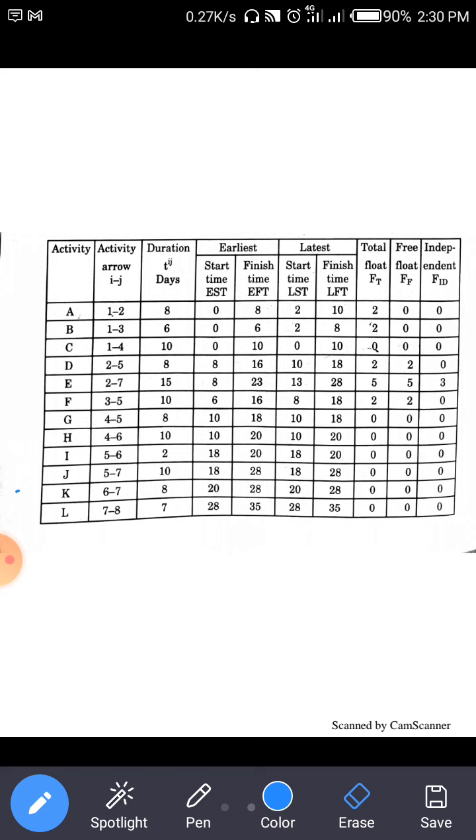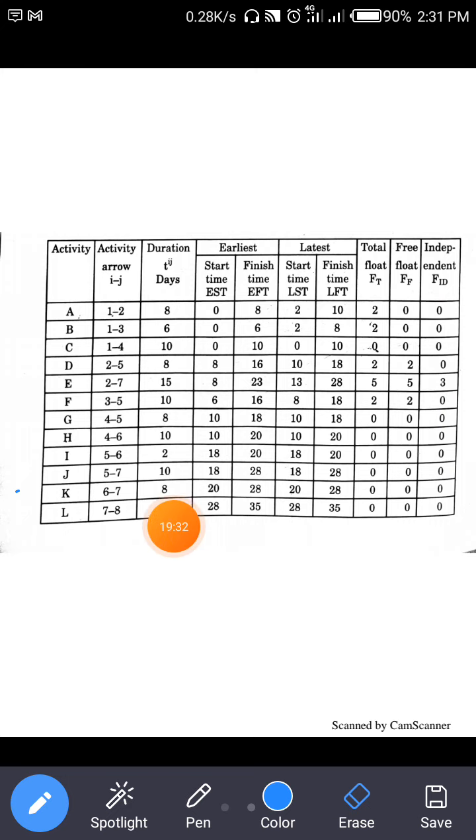Here we find the values as 0, 0, 0. For maximum activities we find the independent float is 0. Except for activity 1 to 2 we got a value, but in most activities we got 0.